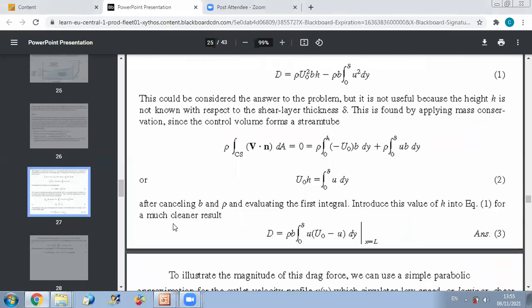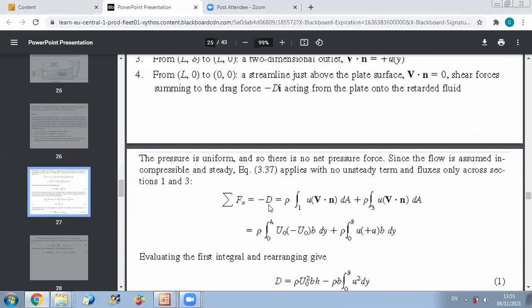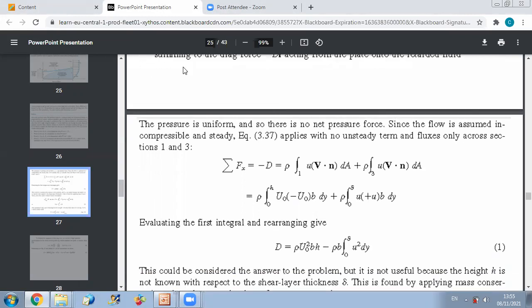Okay, so as we said, when we integrate for the inlet, since u0 is constant, we'll take it outside of the integral, and we'll get minus rho u0 square bh. And for the outlet, we just keep u inside, okay?